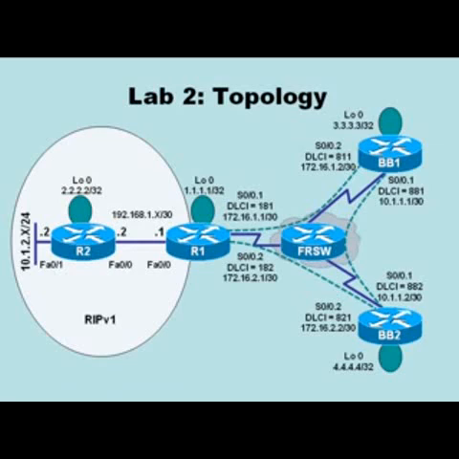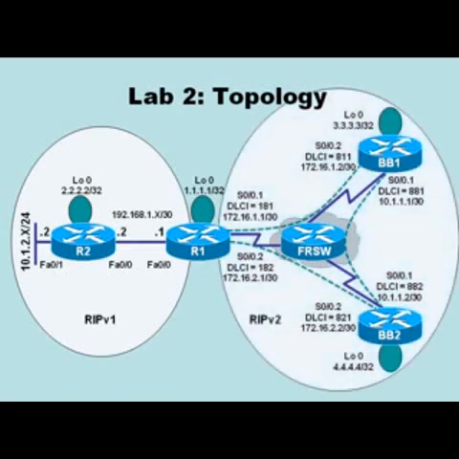But let's pretend that R1 is connecting into a corporate backbone or a service provider backbone that requires that it speak RIP version 2 and also do authentication. So what we're going to do, we're going to allow R1 to speak RIP version 1 out of its fast Ethernet 0/0 interface, while simultaneously speaking RIP version 2 out of its two sub-interfaces built on serial 0/0.